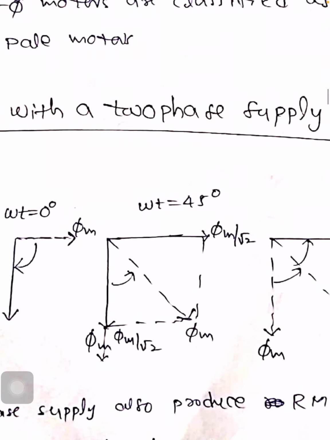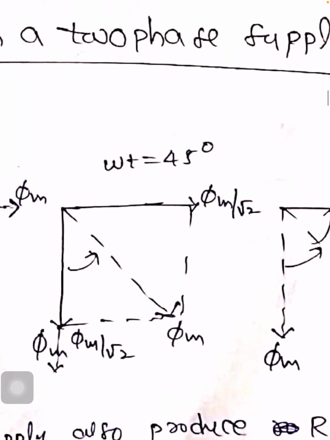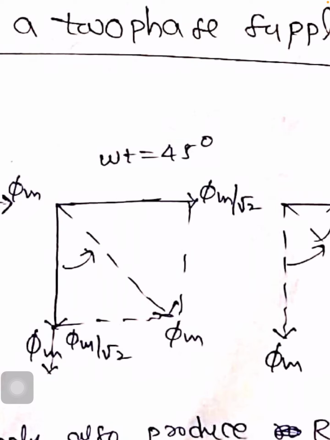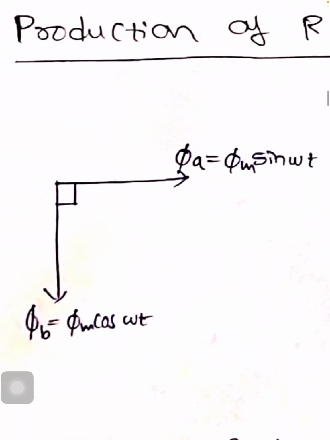And now see, at an angle of ωt equal to 45 degrees, what happens? It is very simple. Simply substitute ωt equal to 45 degrees in φA and φB.